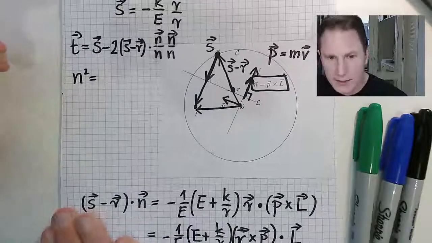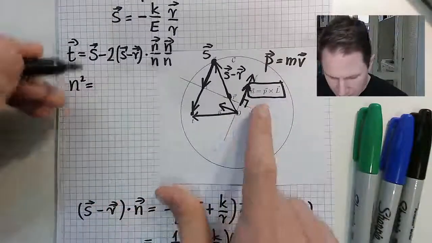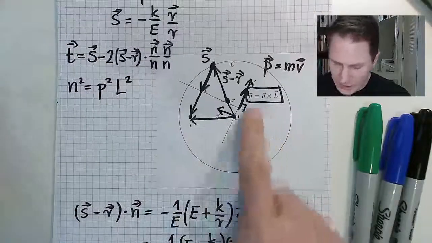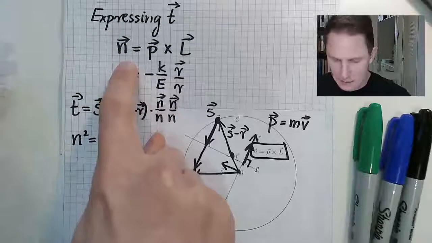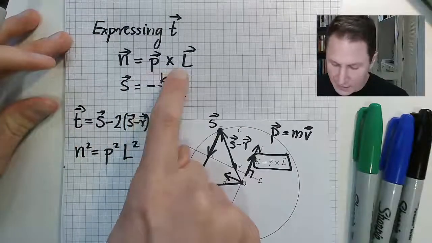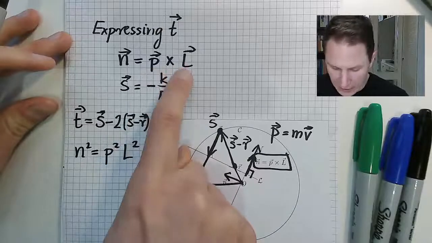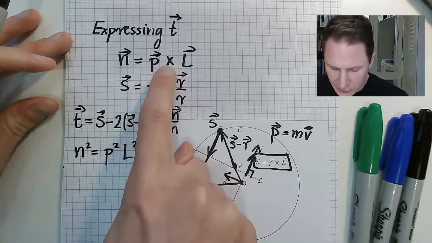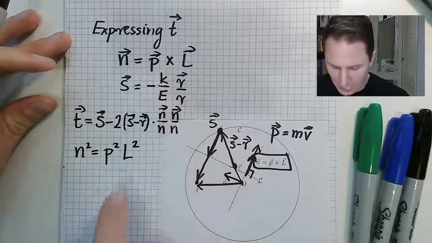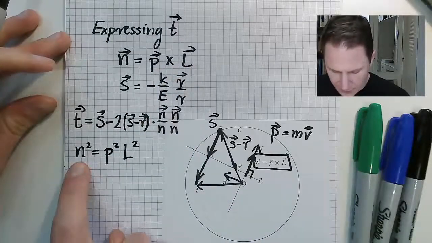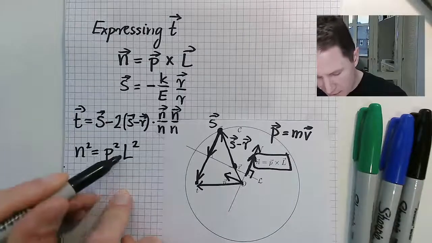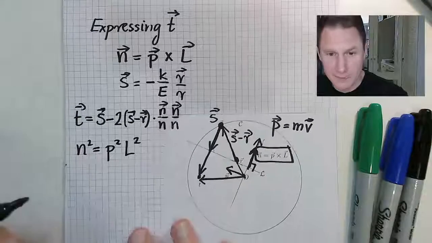Well, n squared is nothing but p squared times L squared. We have this n given by the vector product of p and L. And since these vectors are perpendicular to one another, their vector product has a length that is the length of p times the length of L. So the length squared is the length of p squared times the length of L squared.